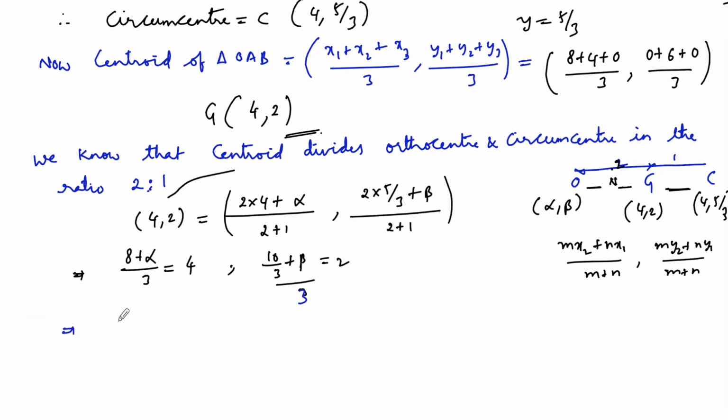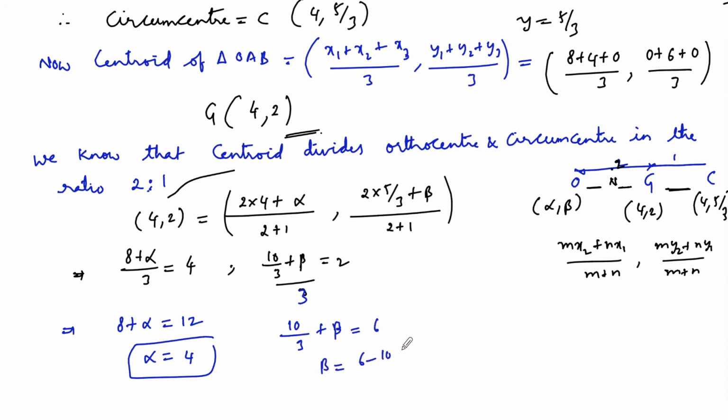Which implies 8 plus alpha is equal to 12, alpha is equal to 12 minus 8, that's 4, and 10 upon 3 plus beta is equal to 6, or beta is equal to 6 minus 10 upon 3, that is (18 minus 10) upon 3, 8 upon 3. So we got alpha and beta, therefore the orthocenter of the given triangle is (4, 8 by 3).